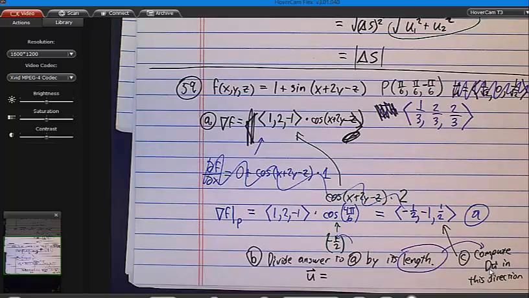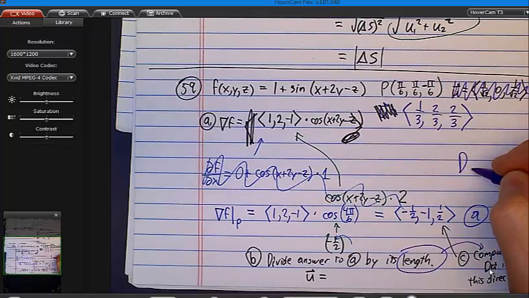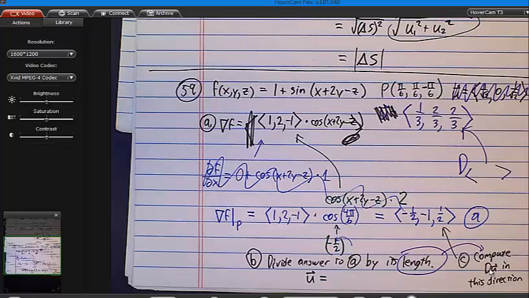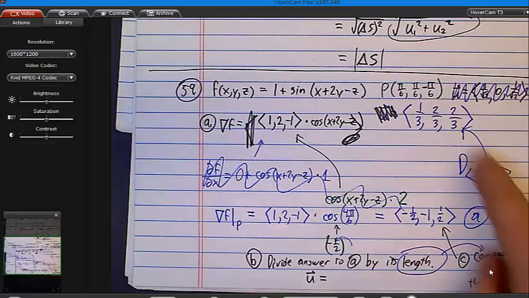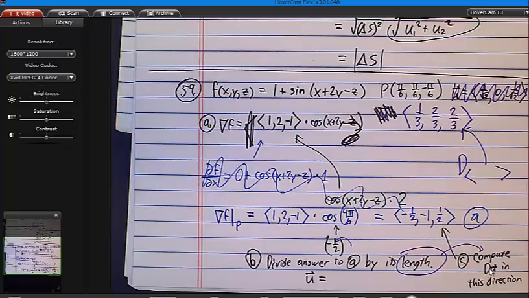And then part D says compute the directional derivative with respect to that vector. And what you should see is that part D is not as big as part C, because part C is the maximum change possible. That's kind of the point of the exercise. Okay? So I didn't work them out. We could.